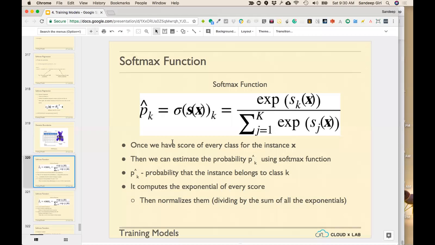In the case of sigmoid, any value was converted by the sigmoid function to between 0 and 1. Here the softmax function is also between 0 and 1, and this is how it computes that.